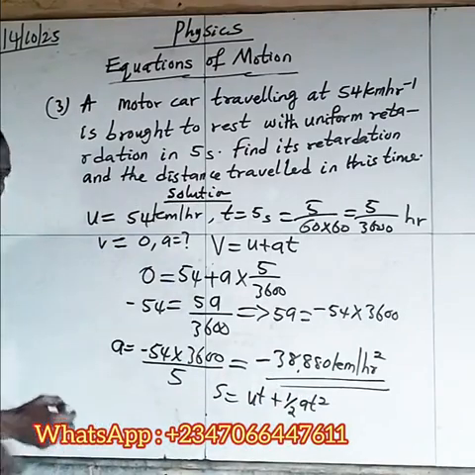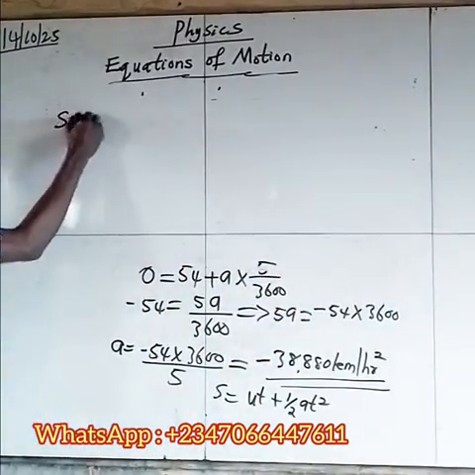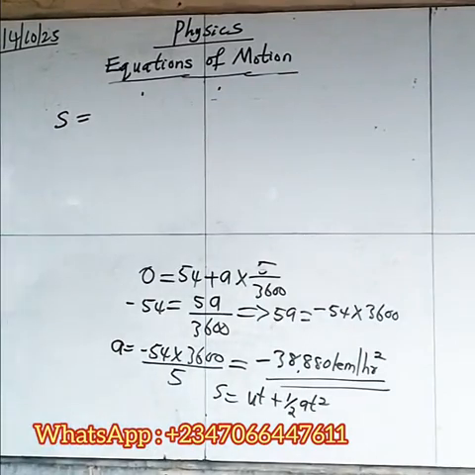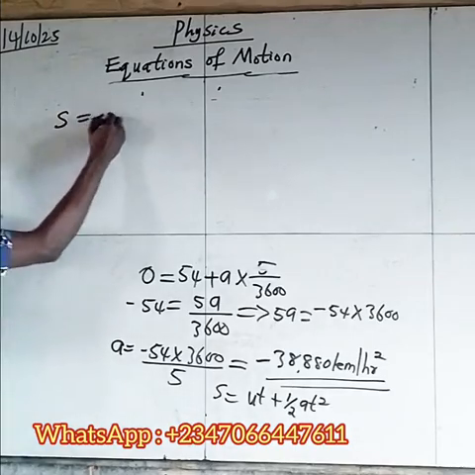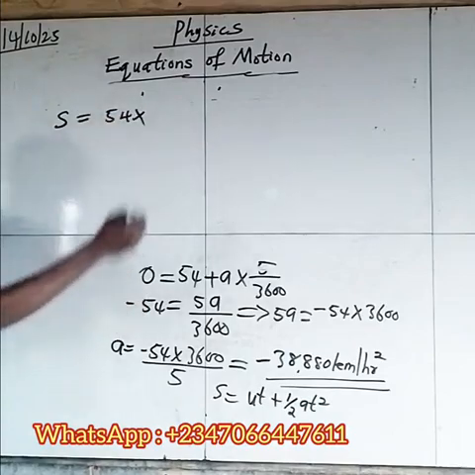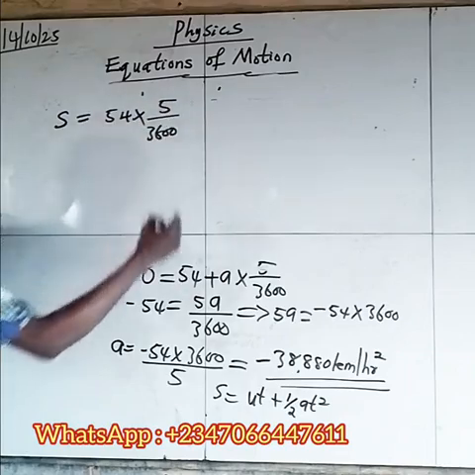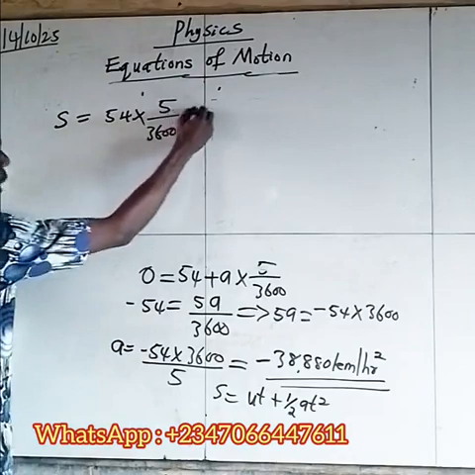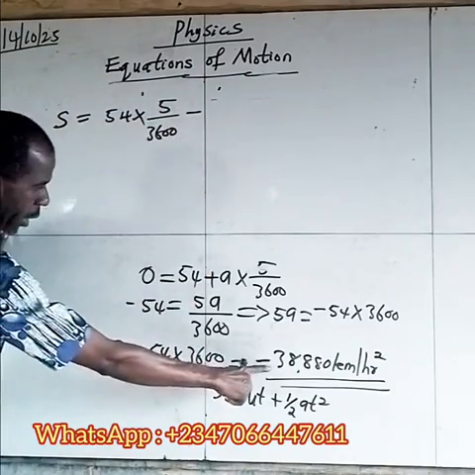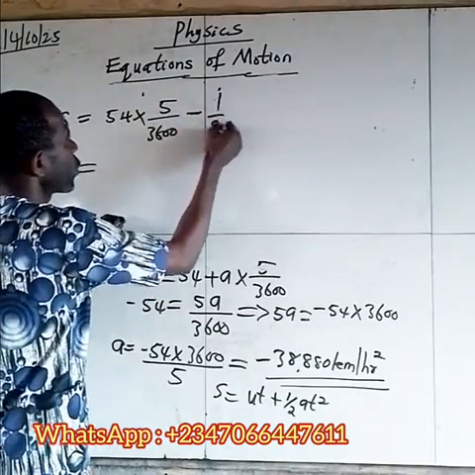Let us apply that. s becomes equal to the initial velocity, 54, times the time, 5 over 3,600. Now the acceleration becomes negative, because we have negative here. That becomes minus 1 over 2.